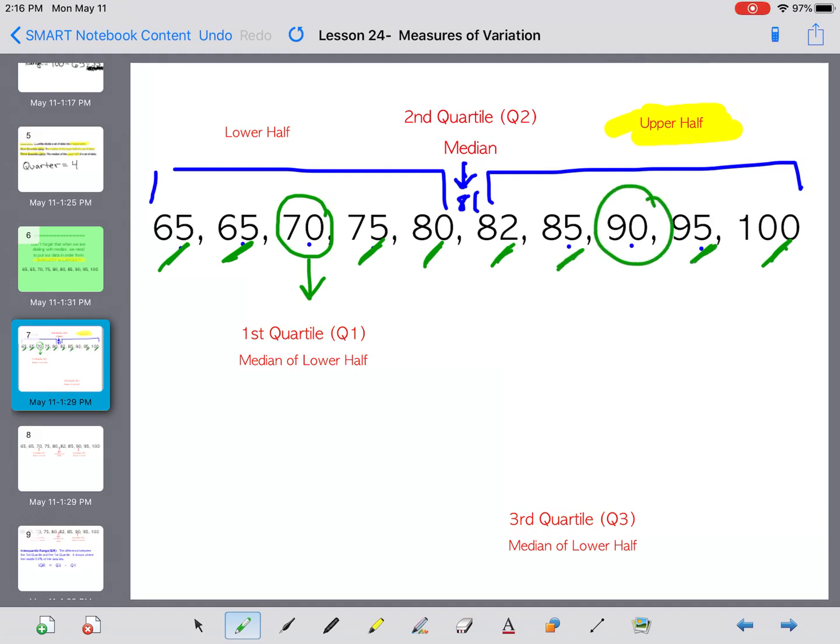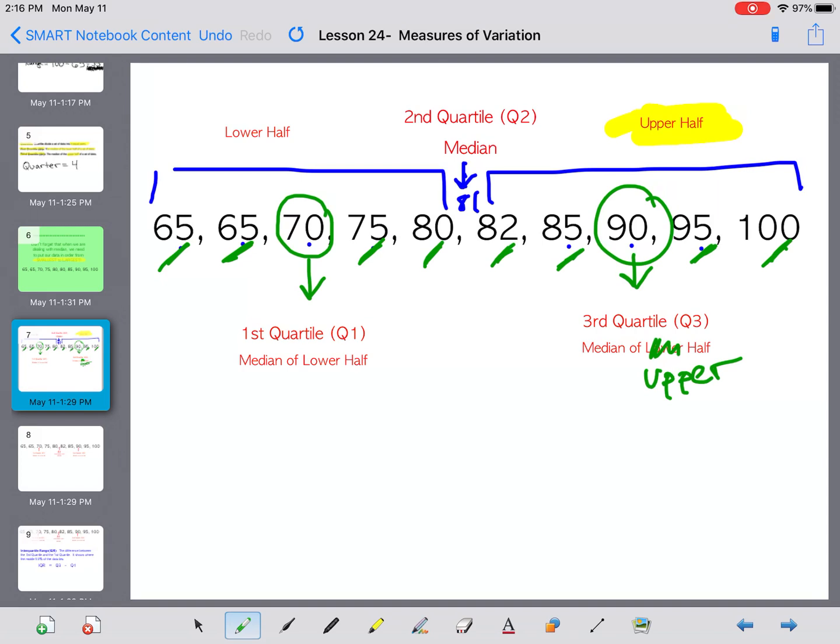That leaves us with 90. And 90 is our third quartile, or the, oh my gosh, I'm so silly. That should say the median of the upper half. If you caught me, I'm really proud of you. So that's the median of the upper half of our data.